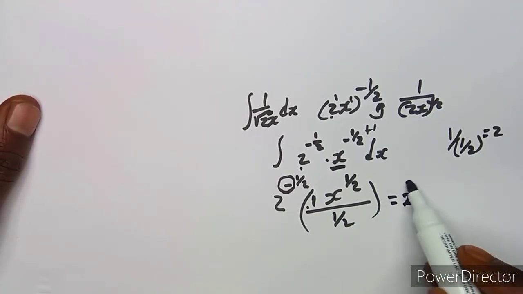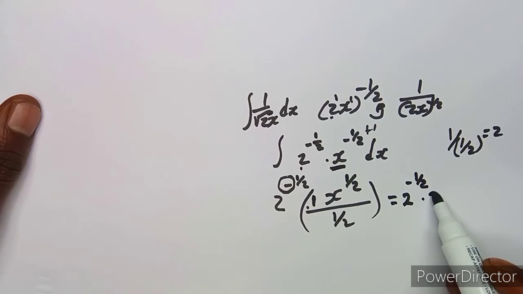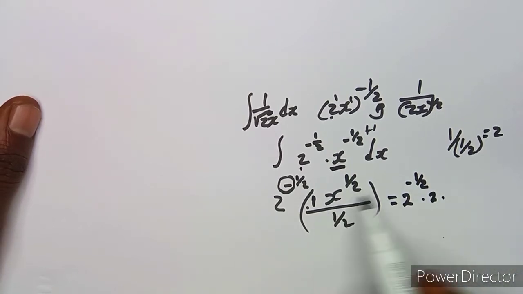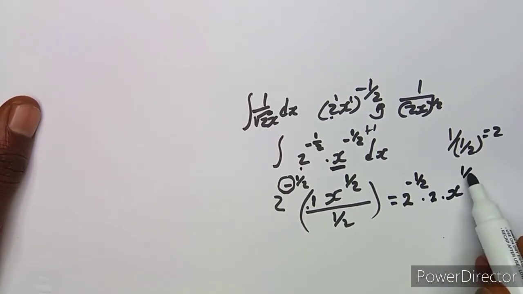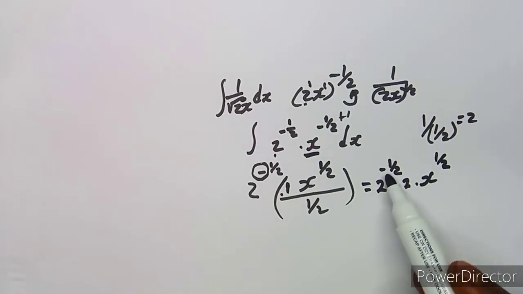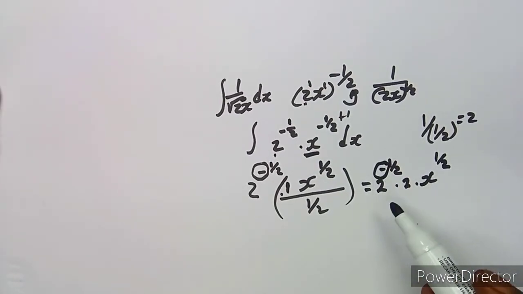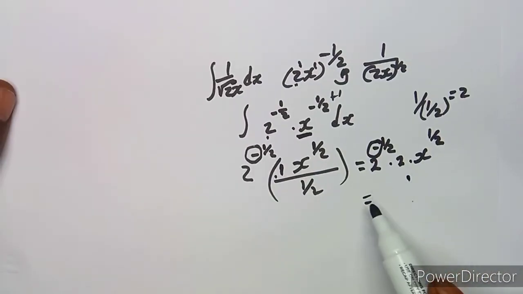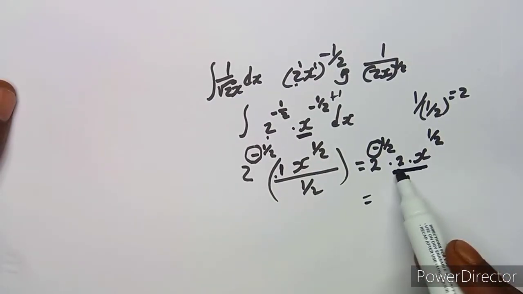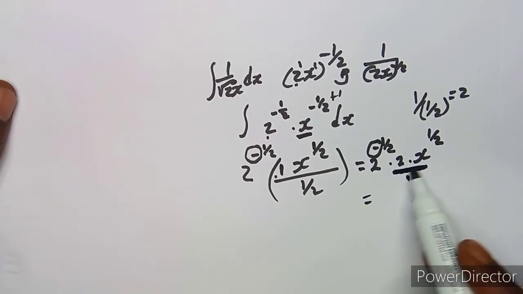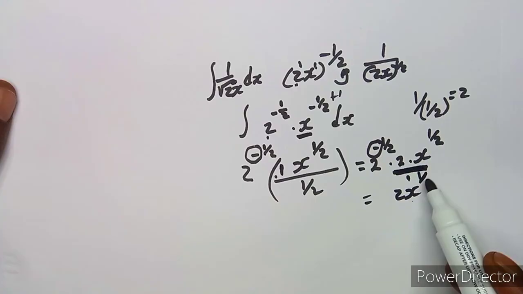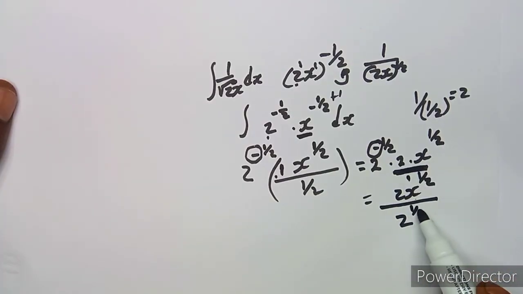Which means we have got a 2 here on top. So you've got 2 to the exponent of negative half by 2 by x to the exponent of a half, like this. This is what we have. And remember, this is a negative, so you can write it in the denominator again. So it's going to be 1 over. You're going to be left with these 2 because they are not carrying any negative. So you're going to be left with 2x to the exponent of a half over 2 to the exponent of a half.